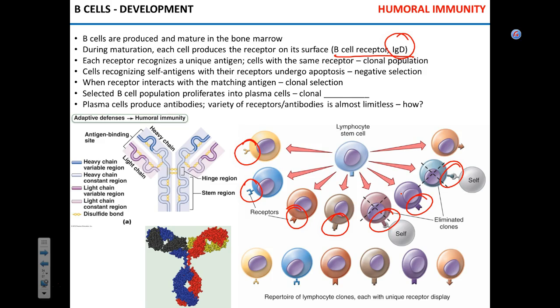So hypothetically, can you imagine that some B cell in the bone marrow somehow recognizes one of your body proteins? Technically, it's possible. It can have a receptor that would recognize certain body proteins. And if you release such a B cell into the body, what's going to happen?